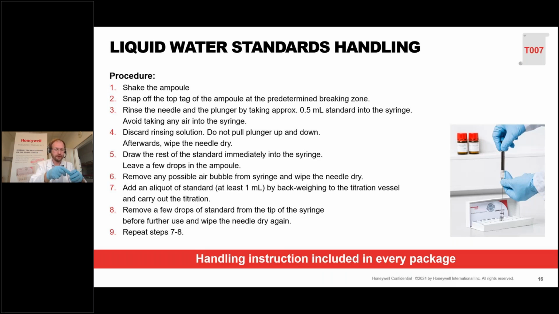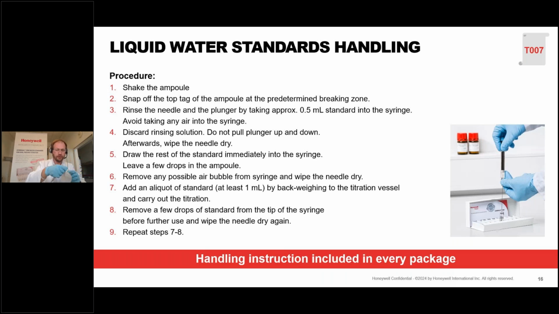So please shake your sample, then open the ampule, and first step is to take just a little bit, let's say 5 milliliters of the water standard or your sample into the syringe, and then to dispose the rest without taking any air into the syringe.